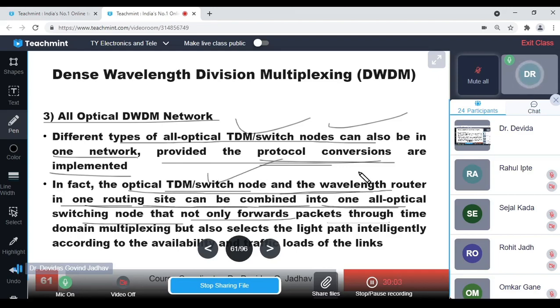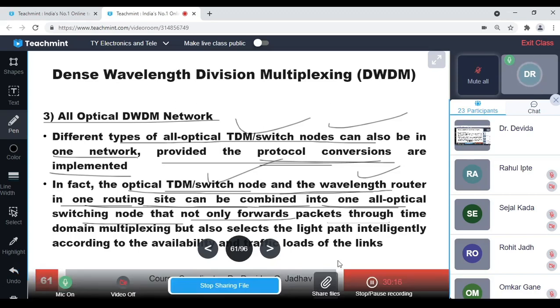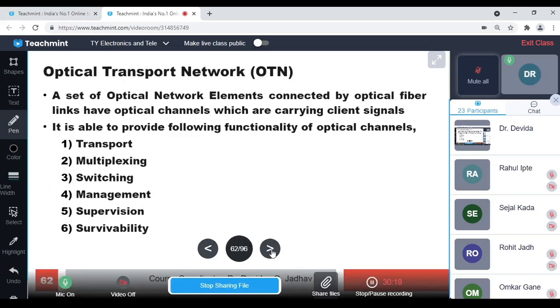So this switch and the router can be combined as an all optical switching node, and not only does it forward packets through time domain multiplexing, but path routing is also done. So switching and routing are combined together.